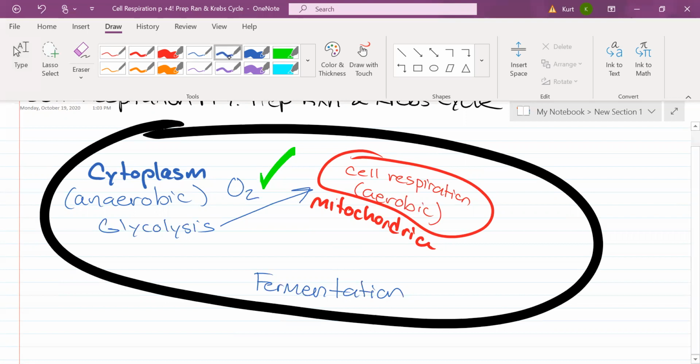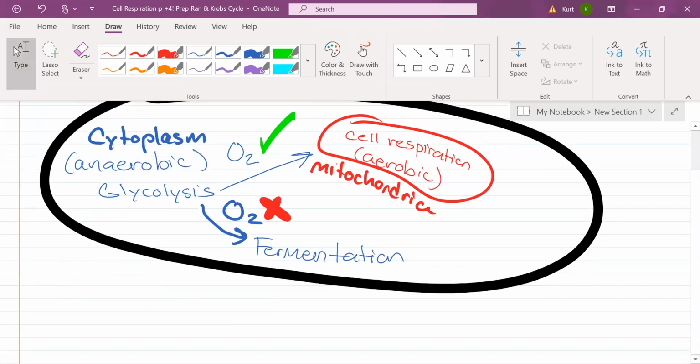In the event that oxygen is not present, put O2 with the red X. You're going to proceed to fermentation, which takes place in the cytoplasm of the cell, not in the mitochondria. You only make 2 ATP here. But if you were to go into the mitochondria, you would make 36. Big difference. Or actually 38 if you include glycolysis.